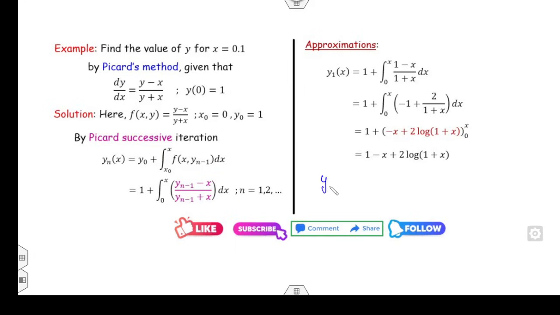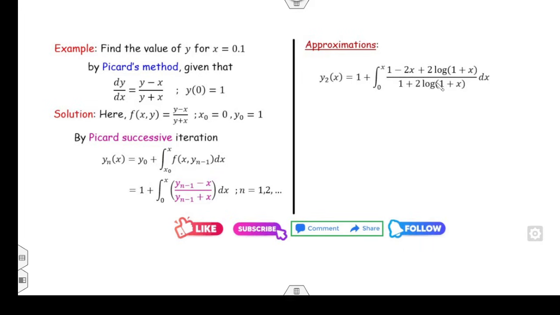Now you can find the value of y2. y2 will be 1 plus the integration from 0 to x of y1 minus x over y1 plus x. I can substitute the value of y1 in the given integral. So you will get this result. Now how can you integrate them?